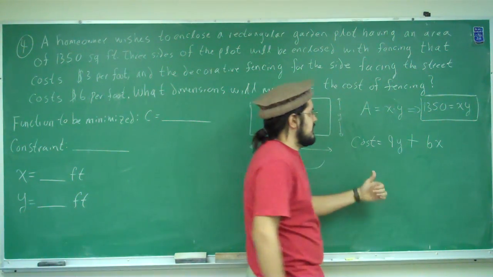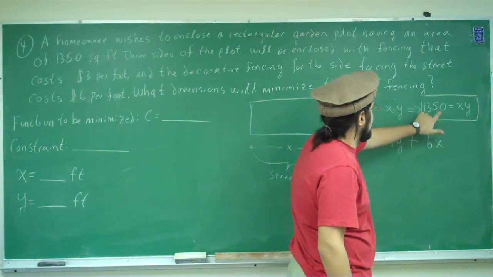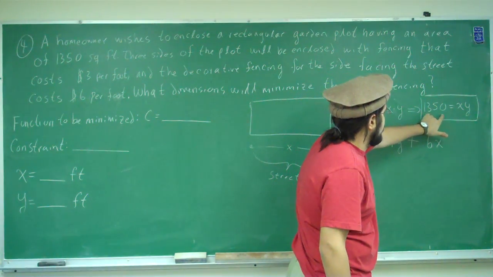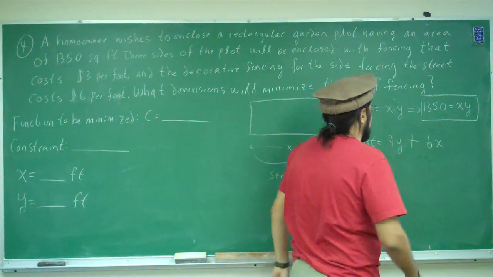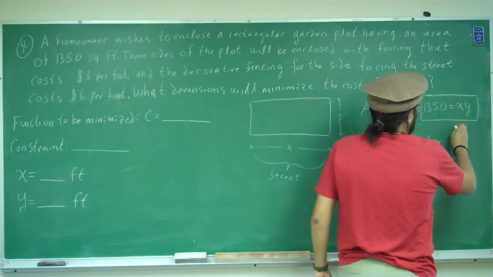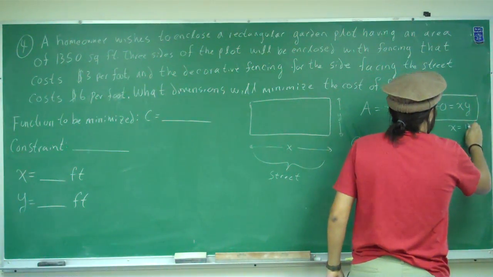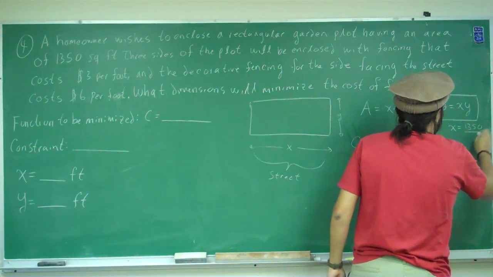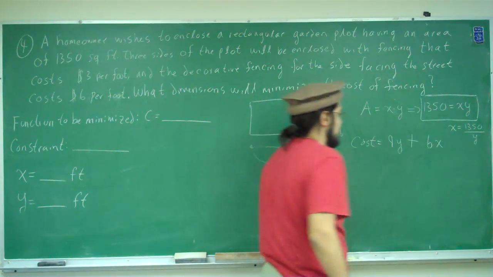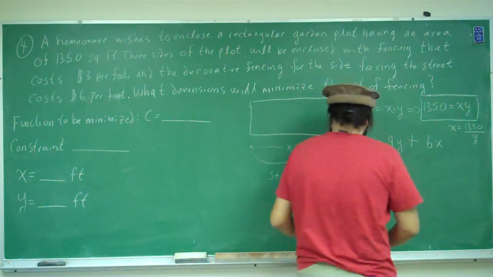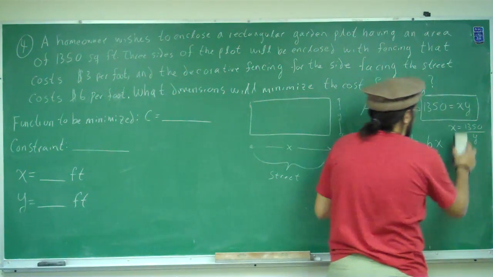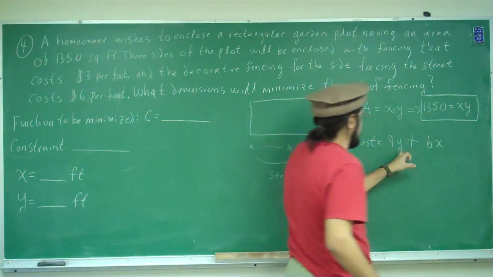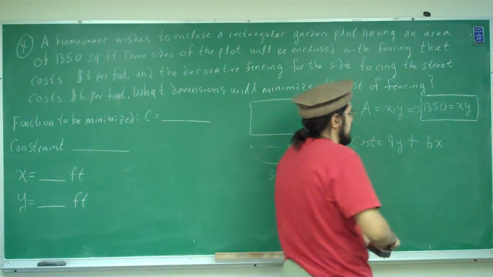Let's say x. So if I have it just in terms of x, I need to solve this equation for x. So if I solve this equation for x, I get that x is equal to 1,350 divided by y. Sorry, I wanted to solve for y, not x. Because I want to solve for y, so I can just plug it in here and have the whole function in terms of x.